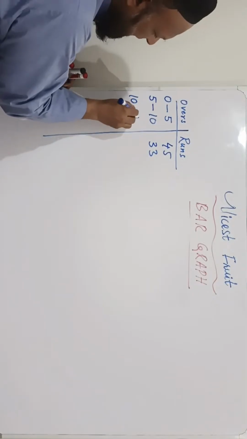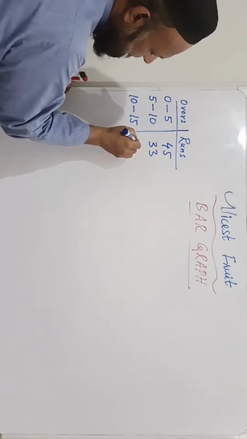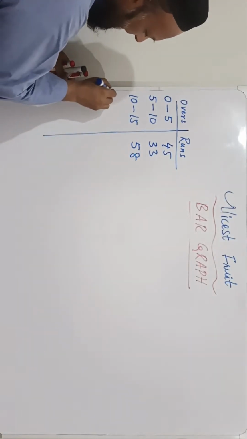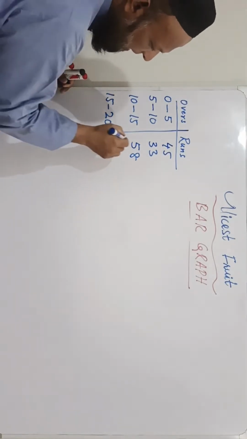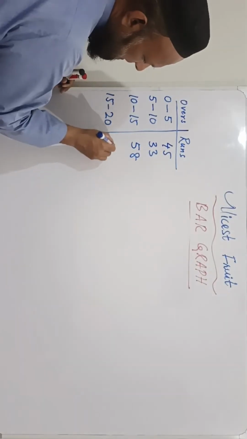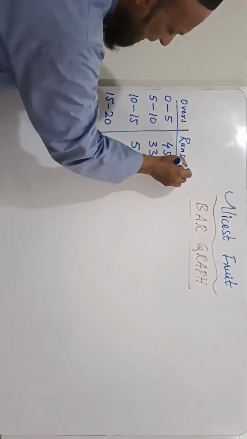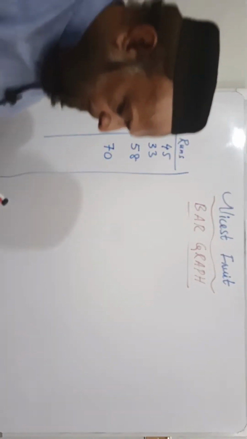Between 10 to 15, the runs scored were 58. And between 15 to 20, the runs scored were 70, say. This is the data given to us, and we have to plot this data.